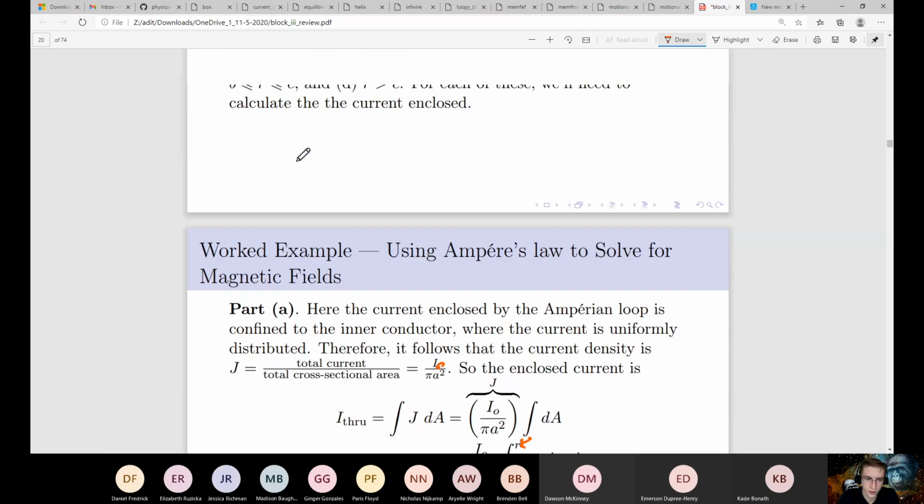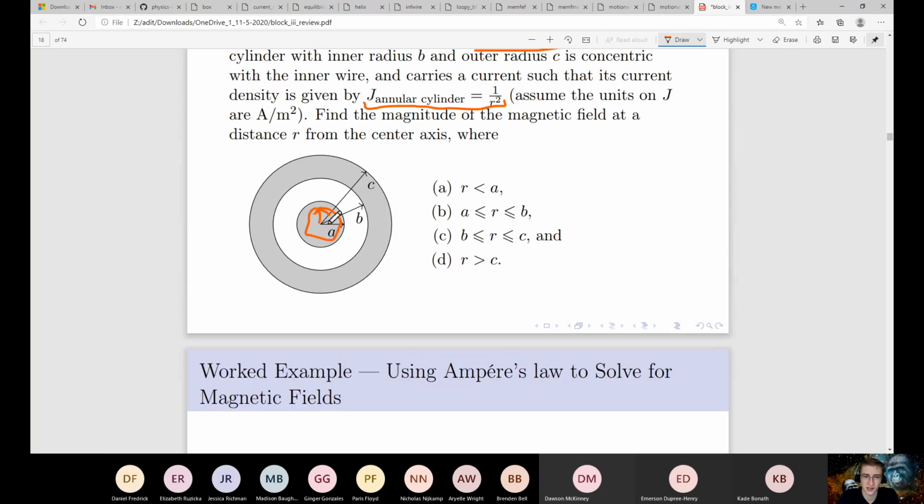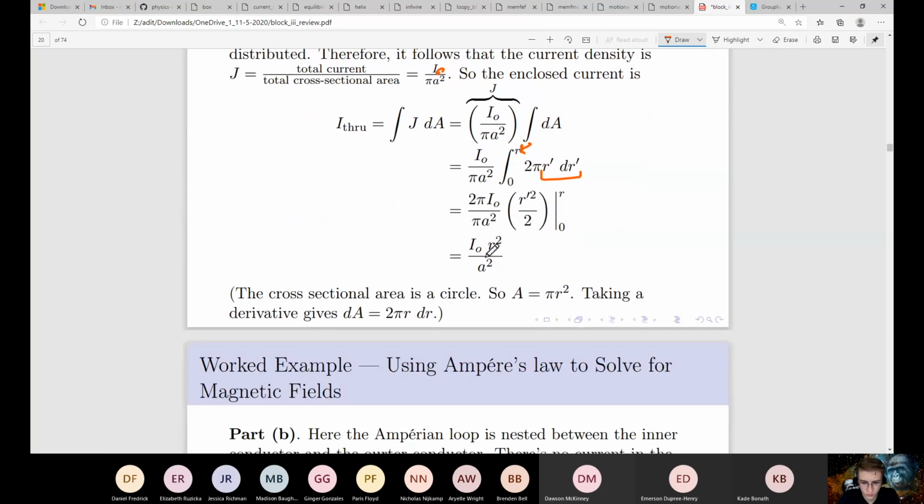For part A, when I want the B field inside the center conductor, my r is going to be smaller than a. So there's just no way I'm going to enclose any more current than I naught. I naught is the maximum amount of current I can enclose. And indeed, the current enclosed is that value times this ratio, and this ratio is necessarily smaller than 1, because a squared has to be bigger than r squared for part A.